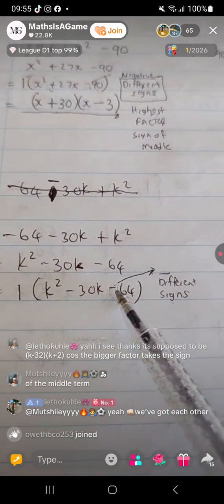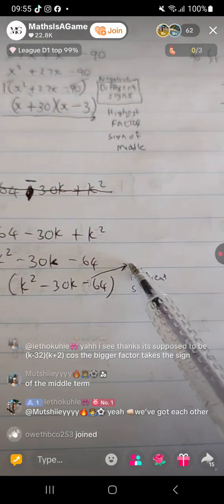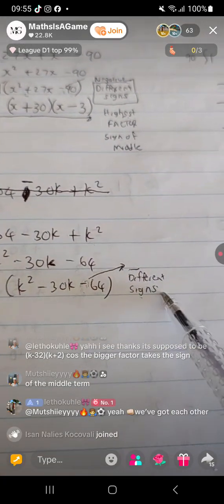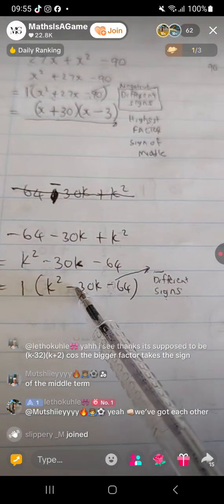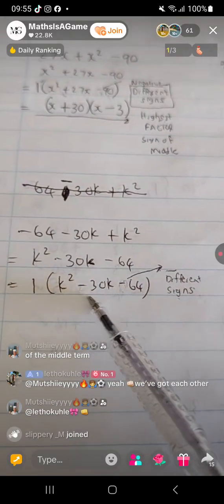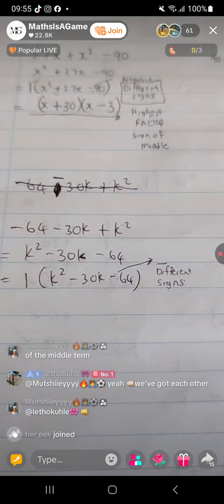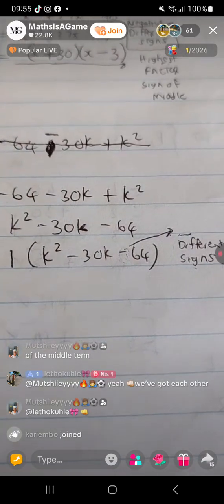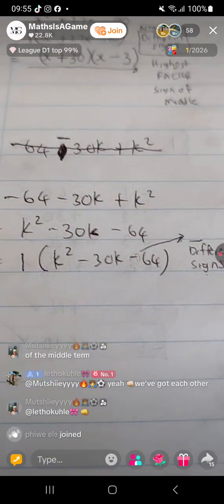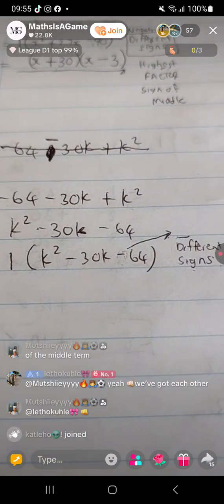Again, negative sign for the constant means different signs. But the highest factor will have which sign, guys? The sign of the middle term. Okay, please, guys, listen to the concept first, then apply it correctly.